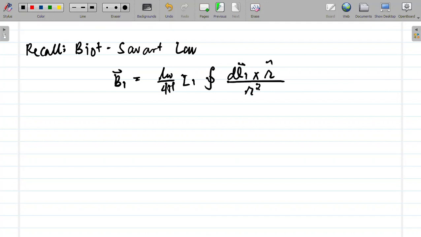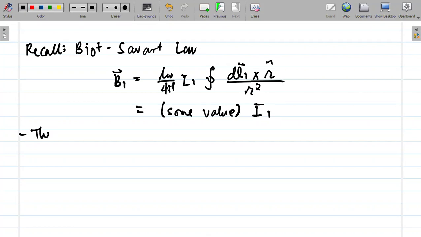Ito yung medyo mahirap i-calculate, di ba? Pero i-simplify natin siya. This is a constant, itong mu naught over 4 pi. Tapos, yung definite integral na to, constant din yan. Bale, ang ating B1 can be written as some value multiplied by I1. So, proportional siya sa I1.